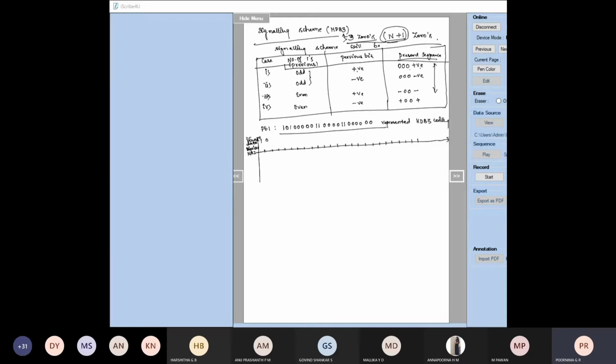Next is 0, then 1, then 5 zeros. Next 1, 1, then 4 zeros. Next 1, 1, then 6 zeros.